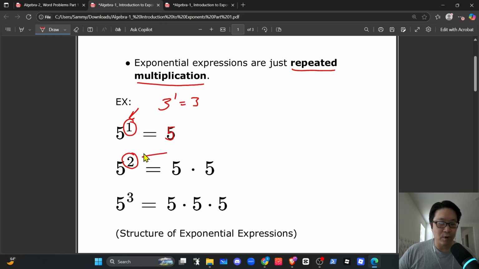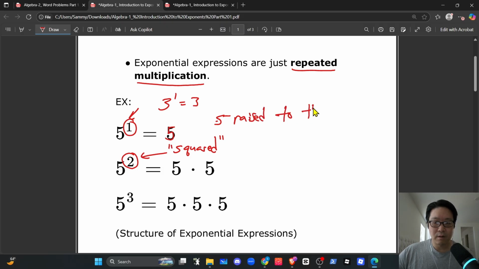Another way we express this is that we say that this is squared. 5 squared. We also say that it's a power. So another way of saying 5 squared is 5 raised to the power of 2.